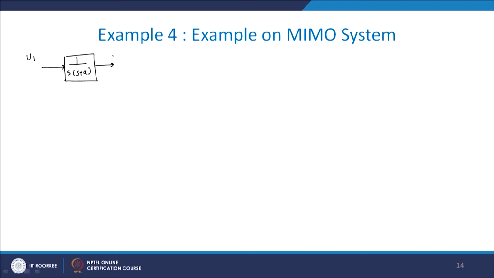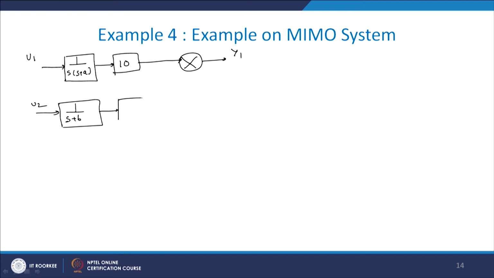Now, here is a block I am showing, here is y1. Now, another input is coming, that is u2, and here the transfer function is s plus b, then here is y2.